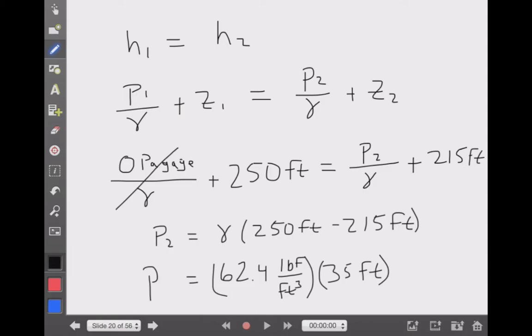And that means the units we're going to get are pound force over foot squared, and this will be a gauge pressure.